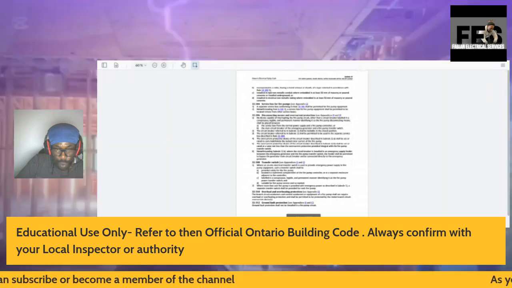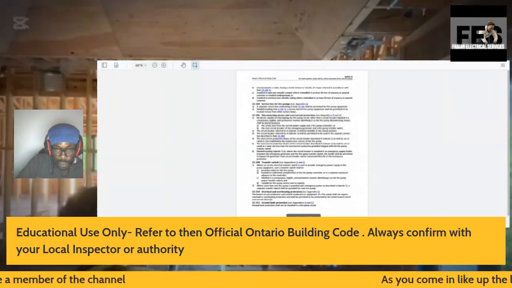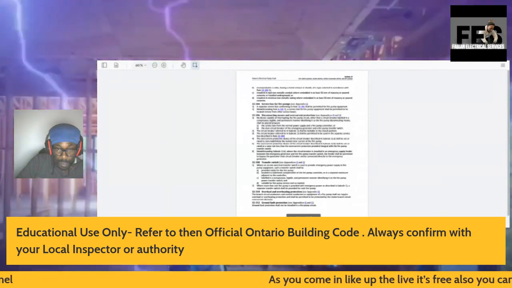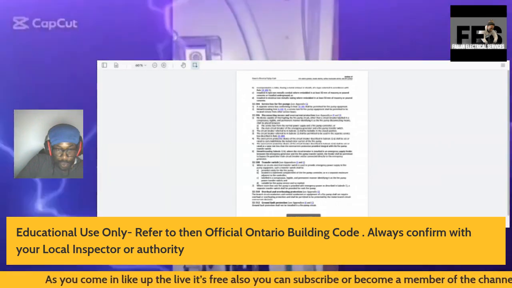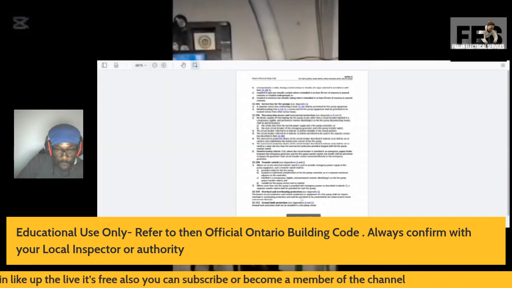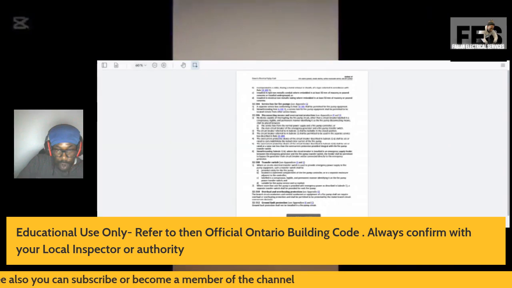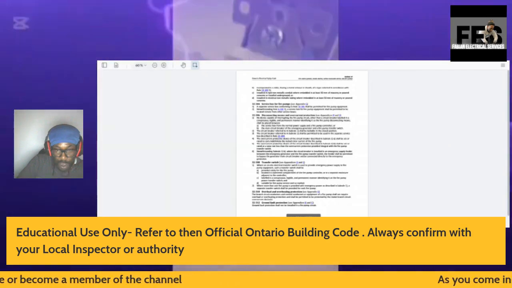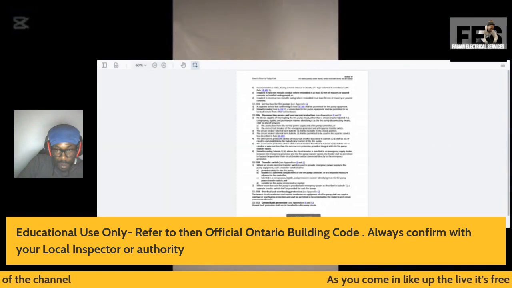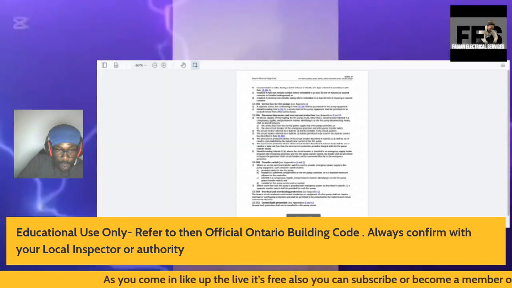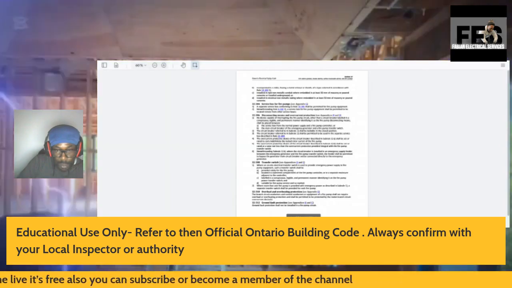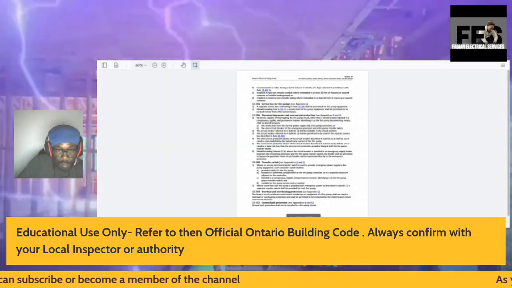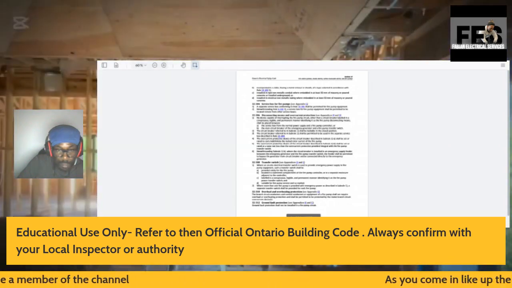Overload and overheating protection. See Appendix G. The branch circuit conductors and control conductors or equipment of a fire pump shall not require overload or overheating protection and shall be permitted to be protected by the motor branch circuit overcurrent device.